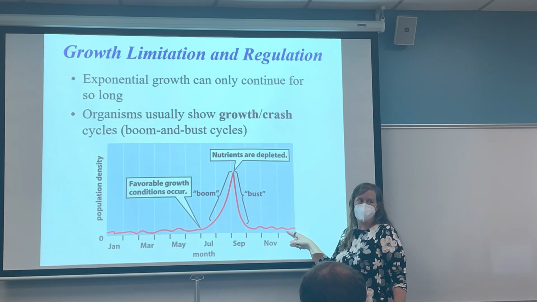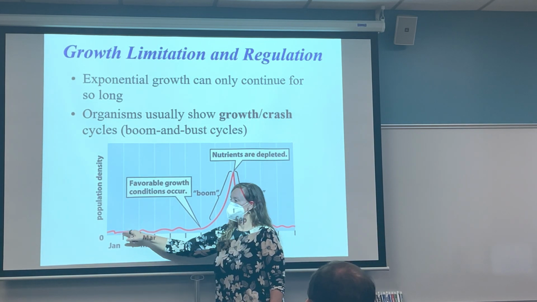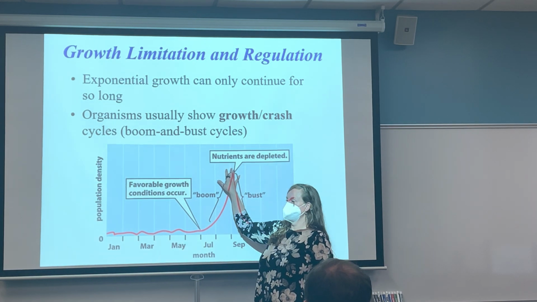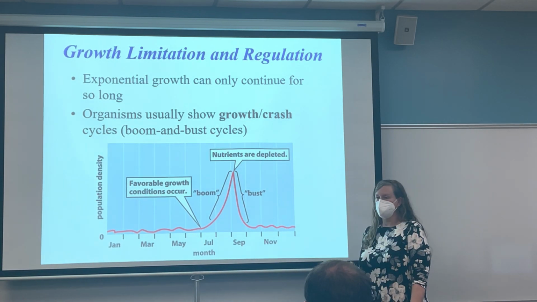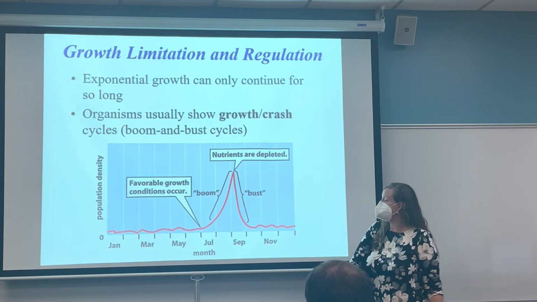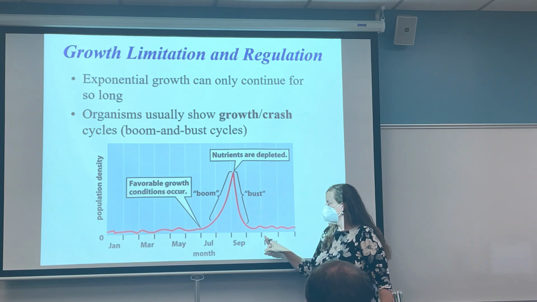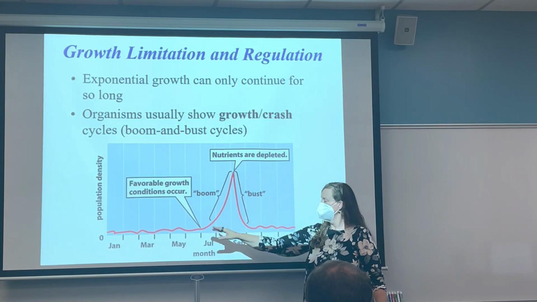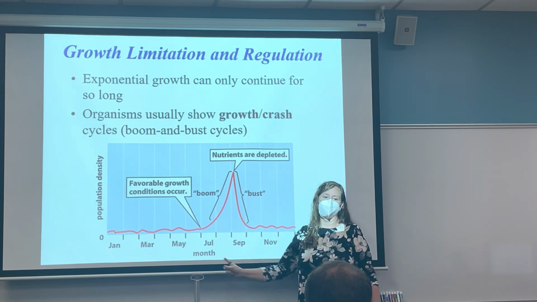It's just trying to survive over the winter, waiting for that good situation. And then it goes up again. So typically what we see in populations that live where there are seasons is this boom and the bust, growth and crash, survival, and hopefully it happens like that every year.